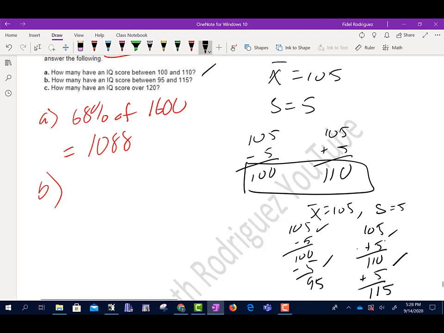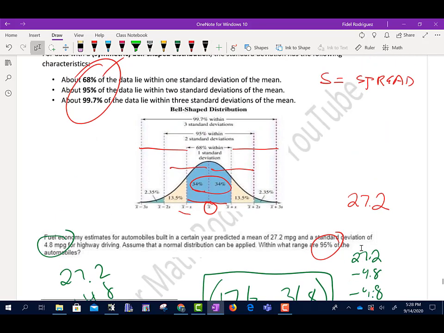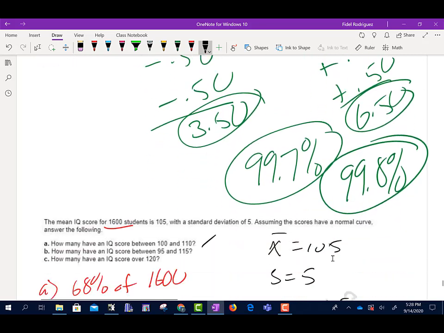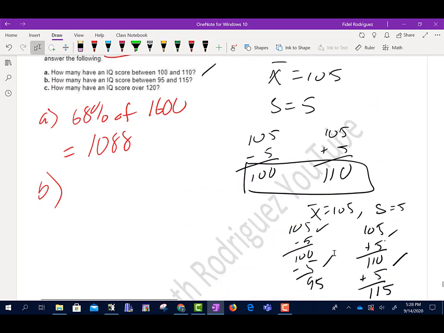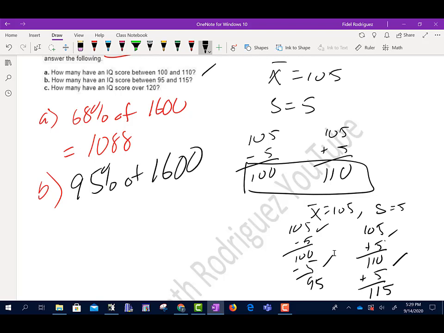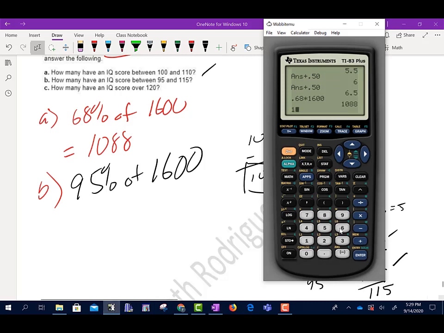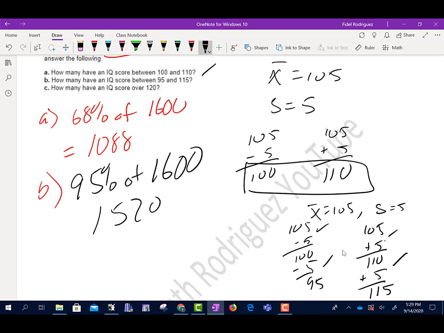Within 2 standard deviations, 95%. So 95% of 1600, 1600 times 0.95 is 1520.